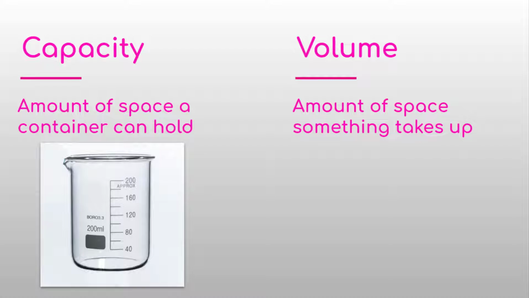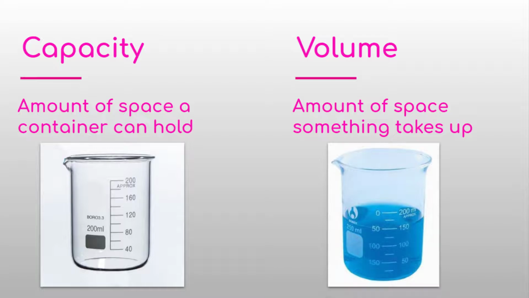If we were to pour some water into our container, now we could say the volume of water in the container is 150 milliliters based on this picture that we have. The container has the capacity to hold 200 milliliters, but right now it is actually holding a volume of 150 milliliters of water. Volume could also refer to the amount of space that a solid object takes up.